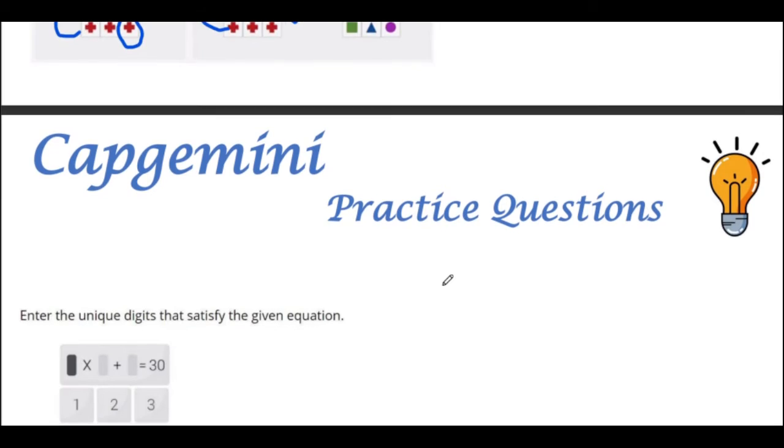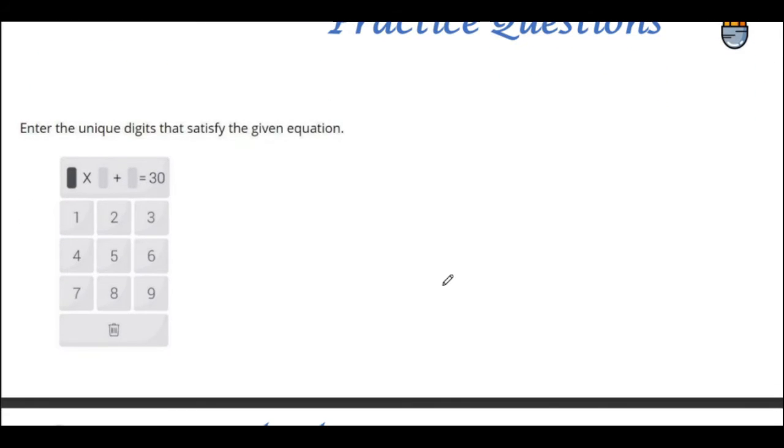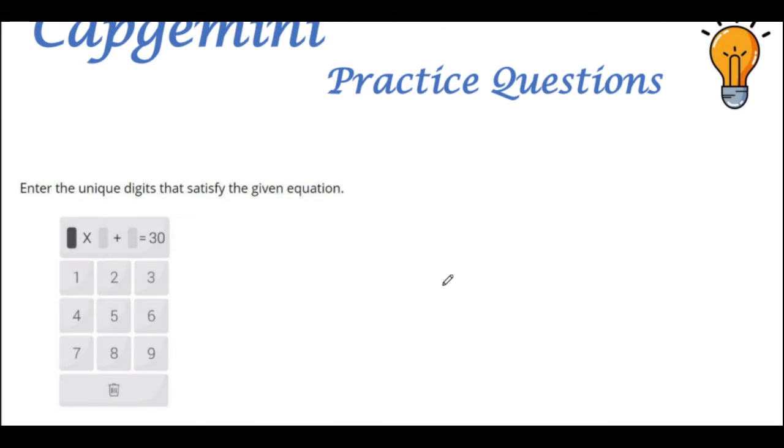Coming to the next question, this is another category in which you have to choose digits so that they solve some equation. It's again a game-based problem where we can select any of the numbers from here and add them here, and simplify the equation based on this output.